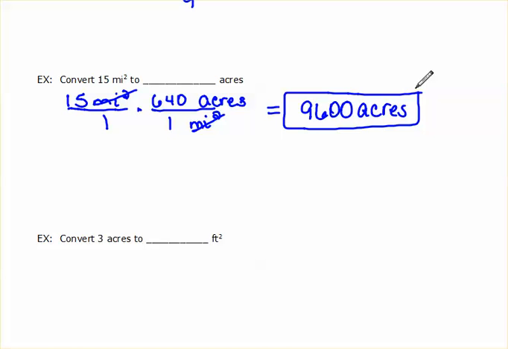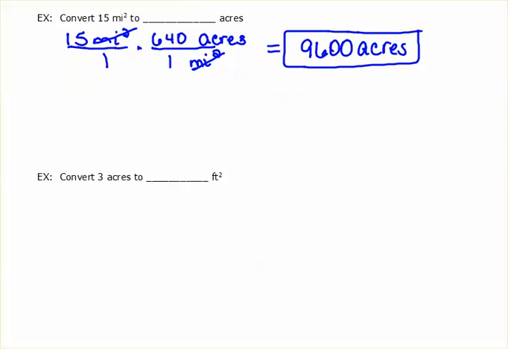All right, let's try another one. This one says convert 3 acres to how many square feet? Okay, so let's always start off with what you're given. So we're given 3 acres. We'll put that over 1. Now, we do know that we can get from acres to yards because that was in our conversion factors at the top of the page.